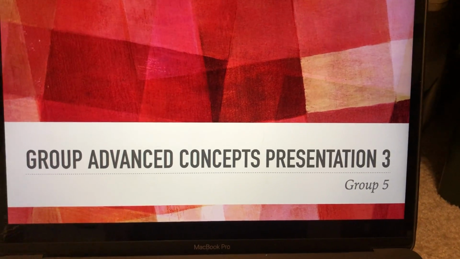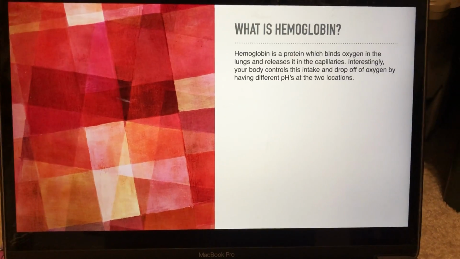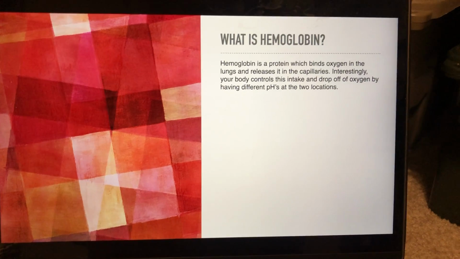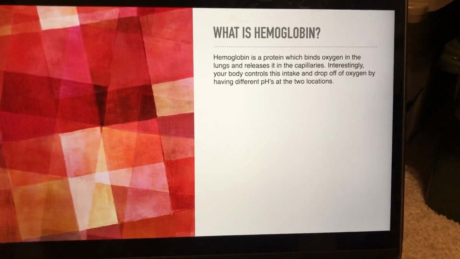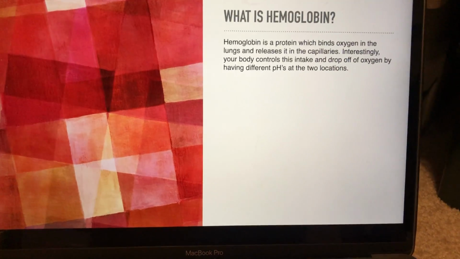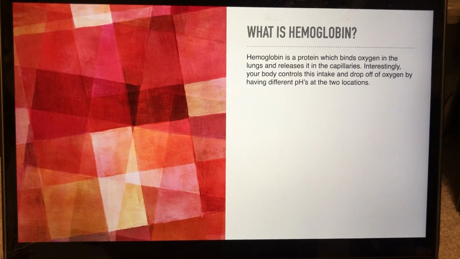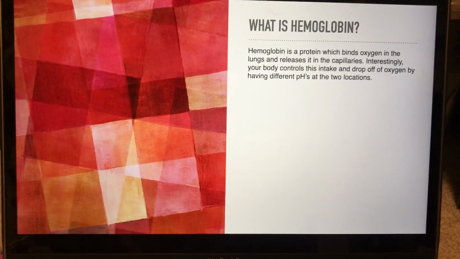So for mine, I decided to start off with what hemoglobin is, and I directly took this from the page on our discussion this week.